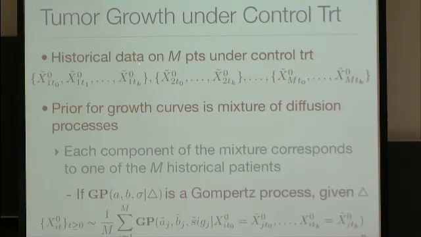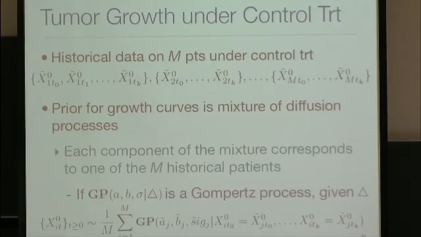We have historical data, we're assuming at least, at discrete times of tumor measurements for a group of patients. And we're going to use these prior growth curves, fit that model so that we can estimate something about the population model for the parameters in this Gompertzian model.